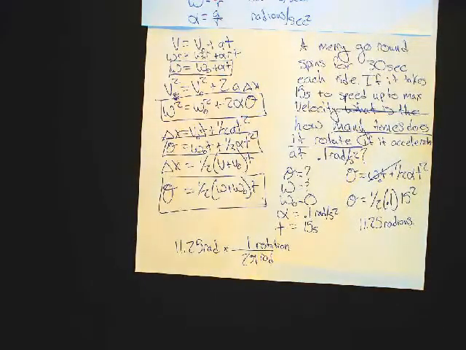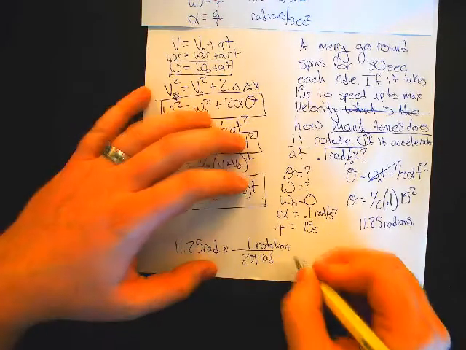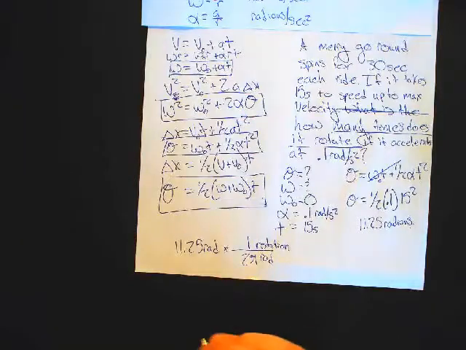Okay. Yep, 2 pi. Right? 2 pi to a circle. 1.8, you said? Okay.